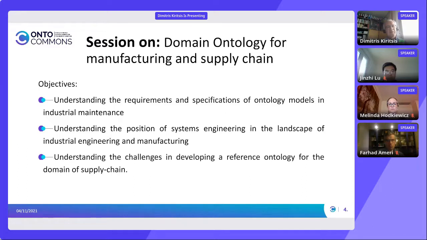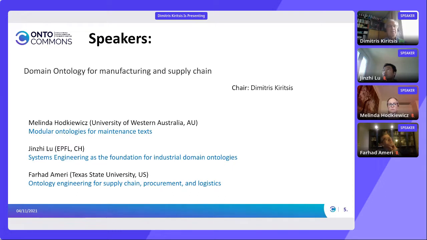One is industrial maintenance. Then we have the challenge, or the topic, of system engineering, because it seems everything is a system. And also we have a talk about the reference ontology, a domain ontology in supply chains. These topics will be presented and discussed by three speakers, who are all active in the Industrial Ontology Foundry.